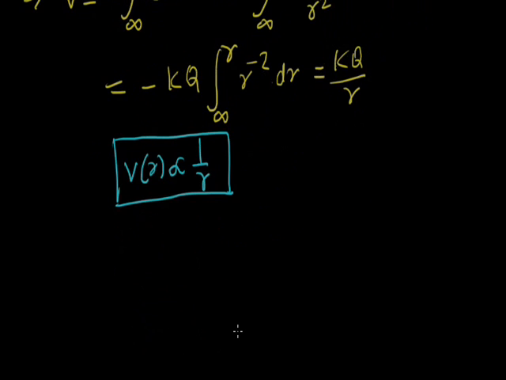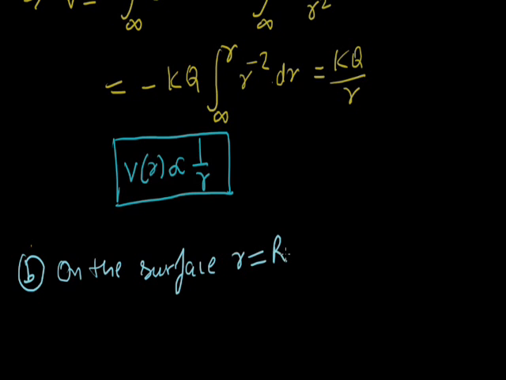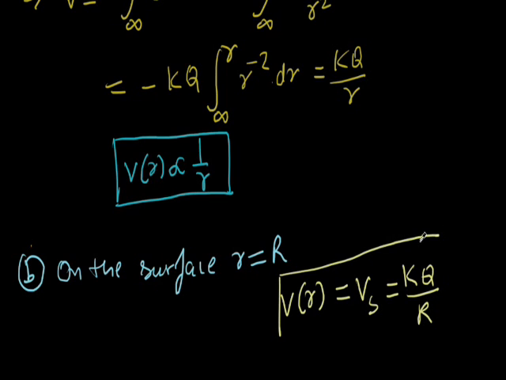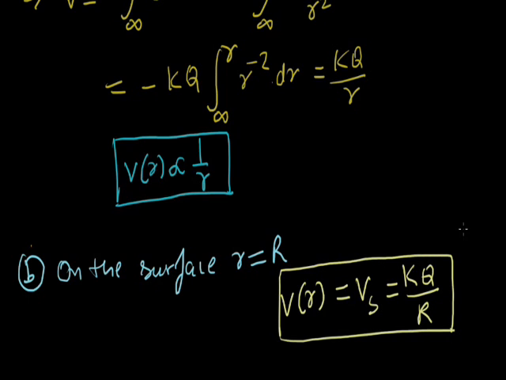On the surface of the sphere, where small r equals capital R, V will be equal to Vs equal to KQ upon capital R, and this is the maximum potential due to the sphere.